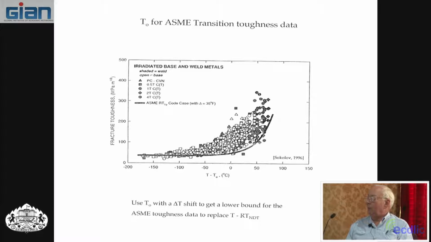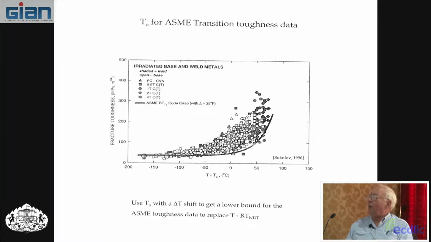So shifting it by 35 degrees and using T0 as the reference pretty much lower bounds all this. Now whenever you do a bunch of tests, and this must have hundreds of tests in this set, you don't always get everything being safe. There's a couple things that fall outside the lower bound, but in general that lower bounds all these data.